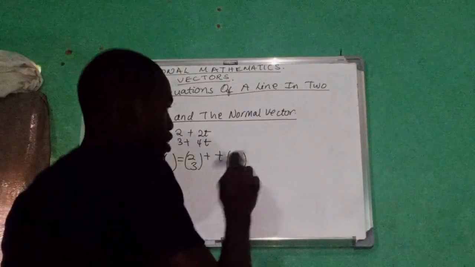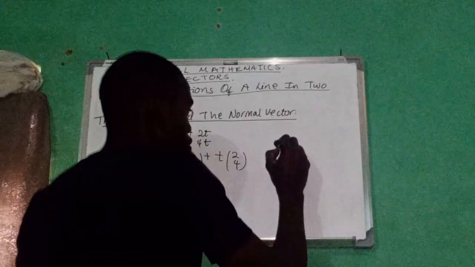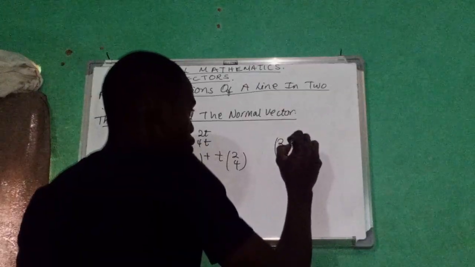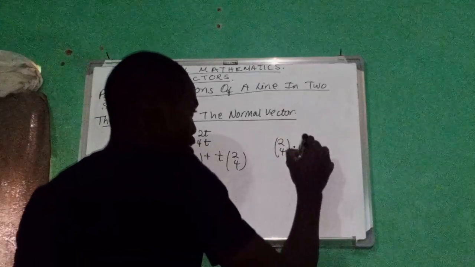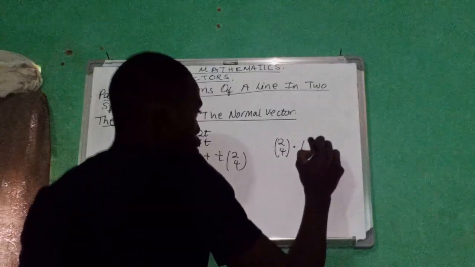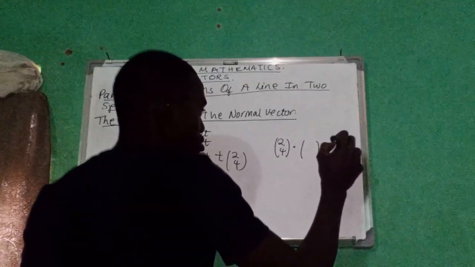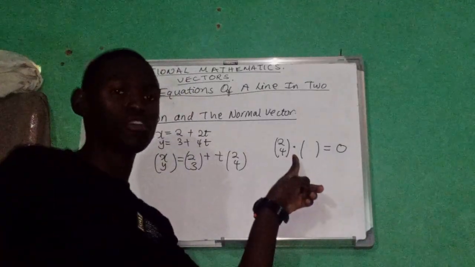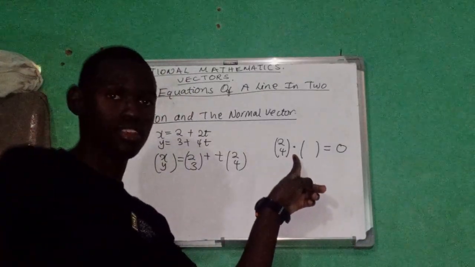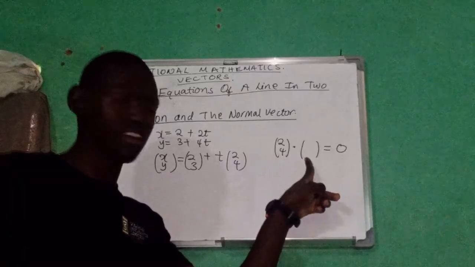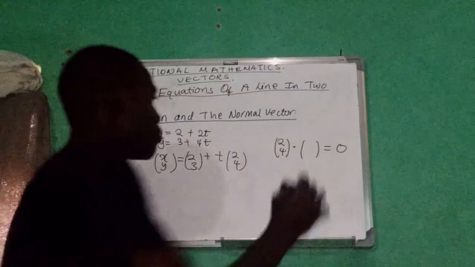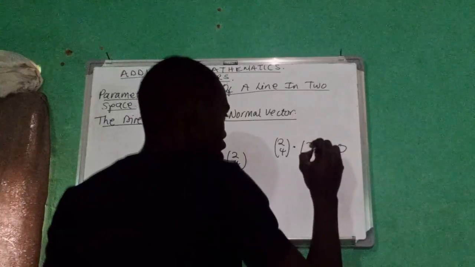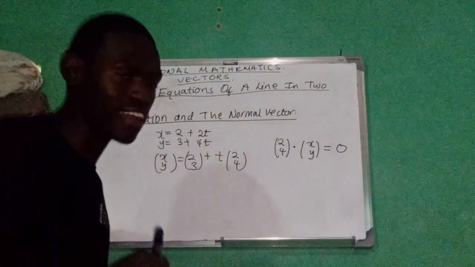This is a direction vector, we get (2, 4). You multiply it by a certain normal vector. This should give you 0. So this dot means multiplication. Now this normal vector here, we don't know. We can represent it by the column vector (x, y).